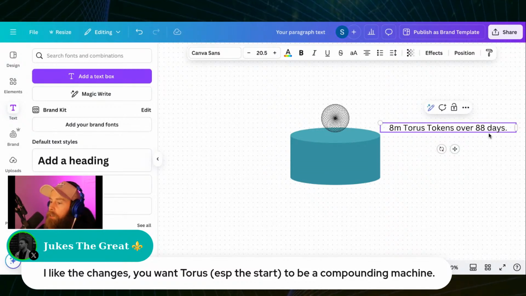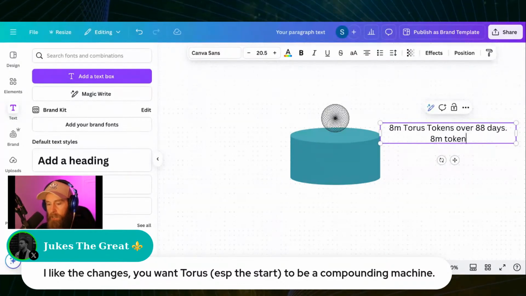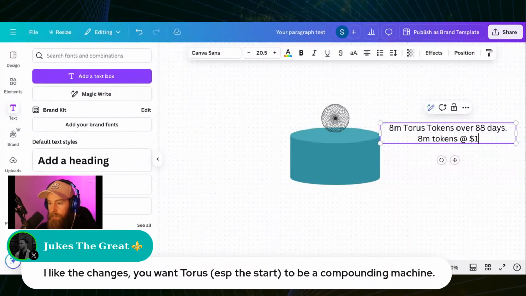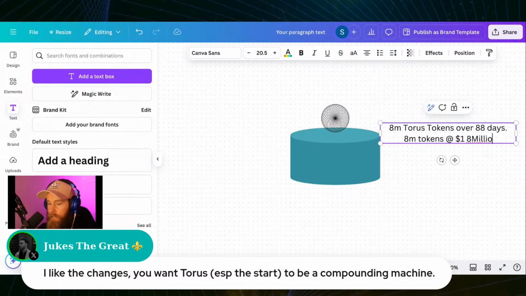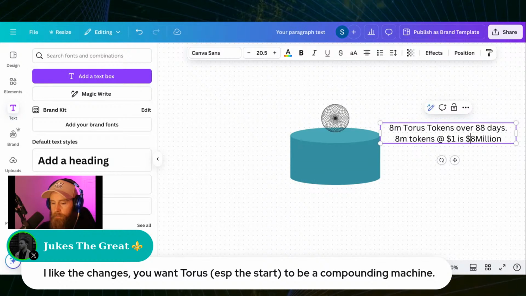So if those tokens are each worth $1, 8 million tokens at $1 is how many dollars? $8 million, right? So now what this means is there's 8 million.